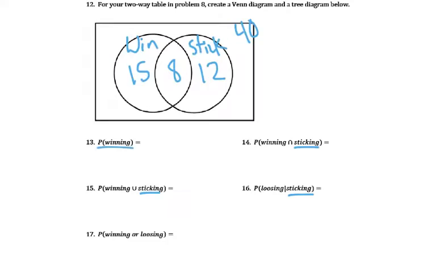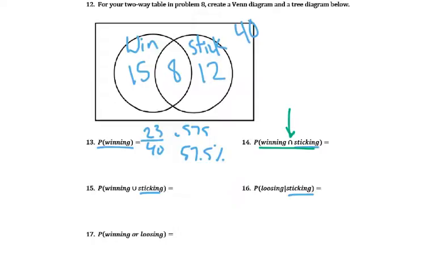So, P of winning would simply be how many times did we win over the total, which would be 23 over 40. Percentage-wise, that's 0.575 or 57.5%. Now, winning and sticking, when you have this U shape like that, it means it's not included.